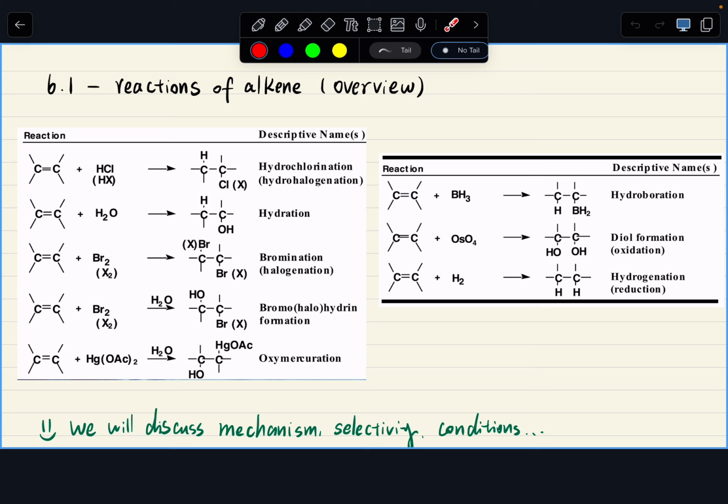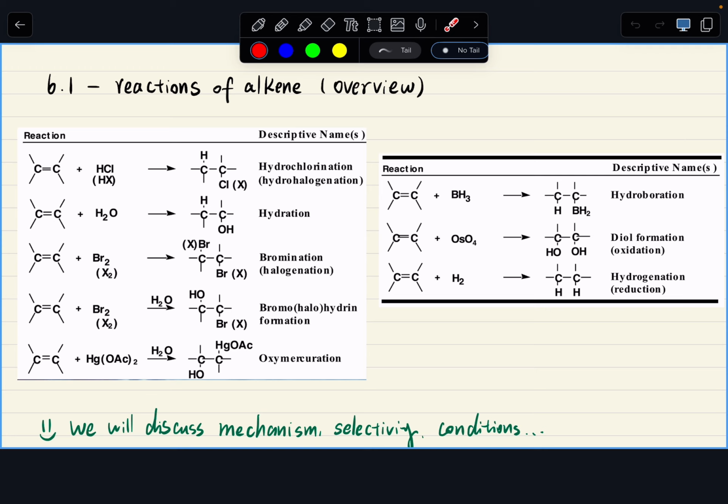In these cases, we'll discuss the general reaction mechanism for most of these reactions, and also the selectivity of each reaction, and then the specific reaction conditions.